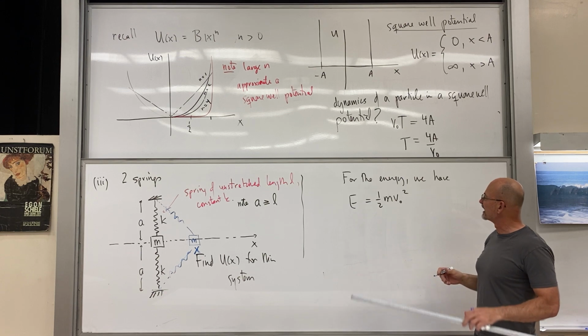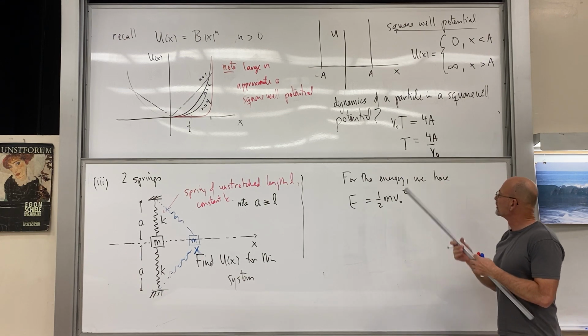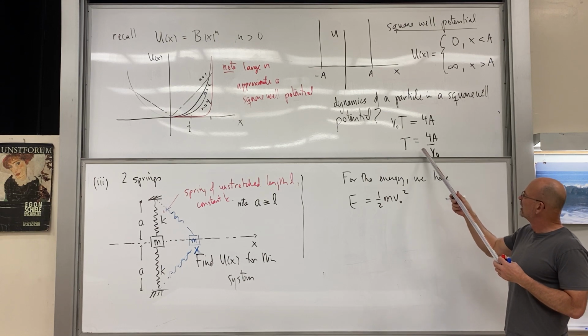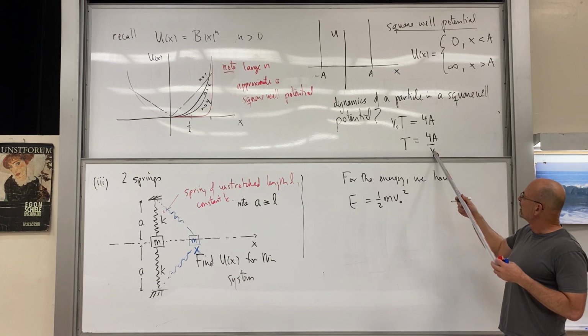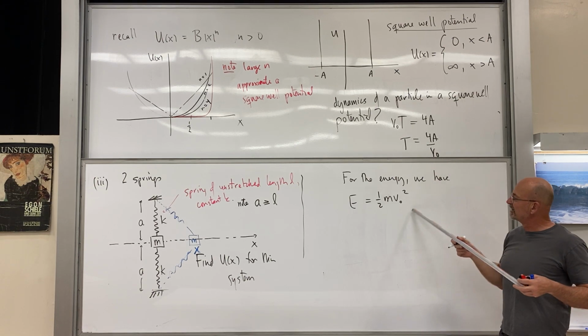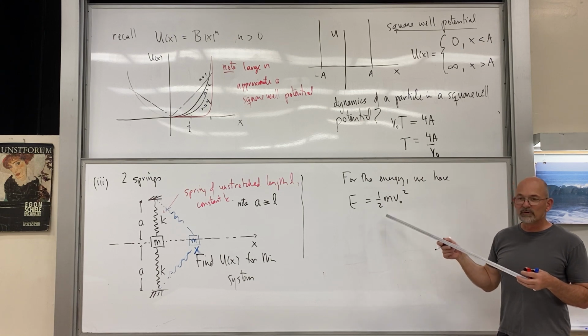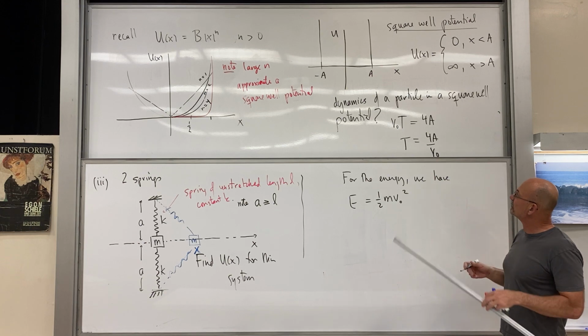So it's purely kinetic energy, 1/2 m v naught squared. And so yeah, the energy can also be related to the period and the amplitude, okay? Because you could solve for V naught, which would be 4A over T, and then 1/2 m times 4A over T, quantity squared, would be your energy.